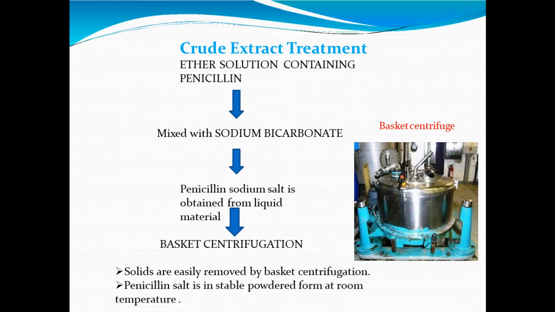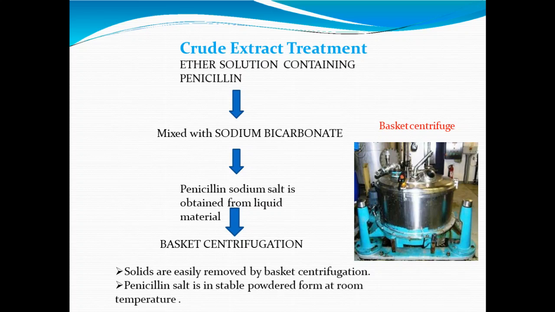So we have an ether solution containing penicillin from the previous step, and this is mixed with sodium bicarbonate. When the crude penicillin is mixed with sodium bicarbonate, which is a salt, it leads to a penicillin sodium salt, and this penicillin sodium salt is obtained from the liquid material by a process called basket centrifugation.